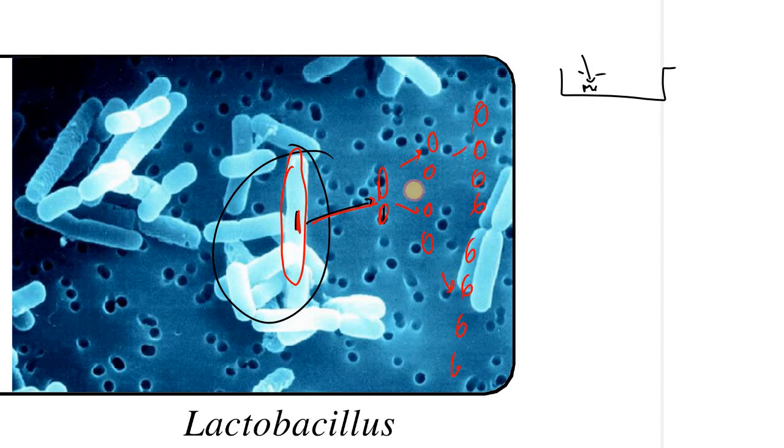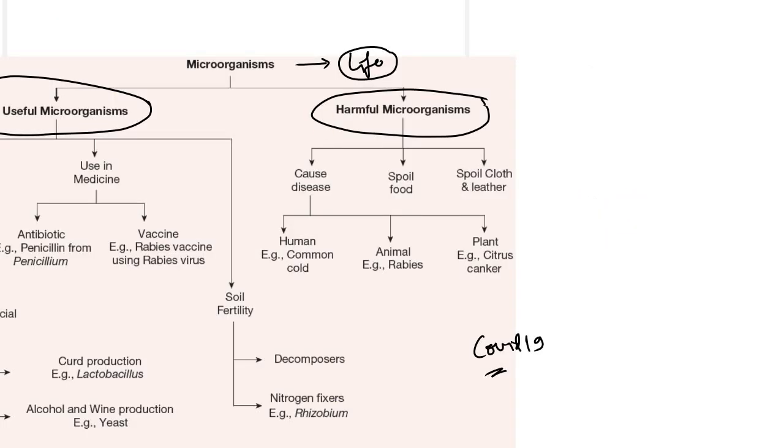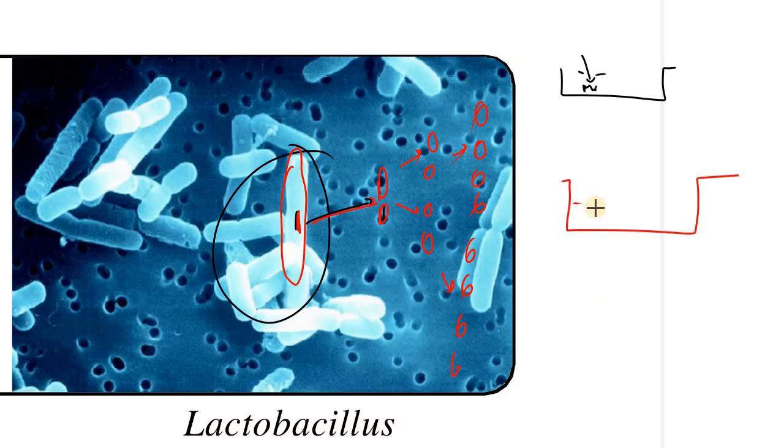So after 5 to 6 hours, the milk is the same, but now there are much more lactobacillus bacteria in it, and their presence has some other effects as well.